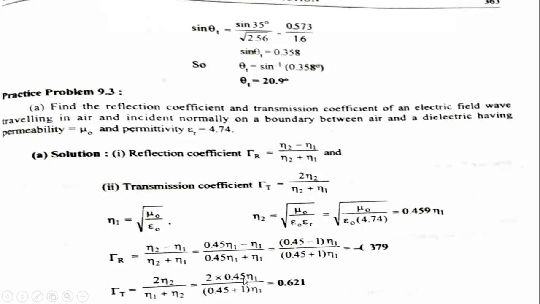Substitute the value of eta 2 as 0.45 eta 1, again 0.45 plus 1 of eta 1. Likewise these will be cancelled out and you will get 0.621. In this way you can calculate the reflection coefficient tau r and the transmission coefficient tau t, by substituting the eta 1 and eta 2 values. So you will get the answer.